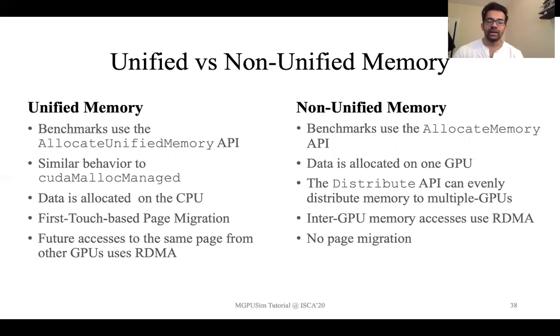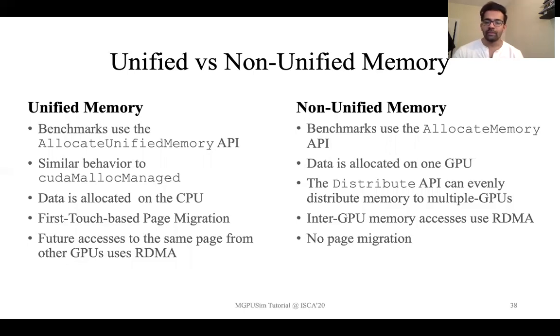Now, coming to unified and non-unified memory. Unified memory is a very popular feature that eases the development of multi-GPU programs. As such, we support a similar mechanism in MGPU sim as well. This is done through the allocate unified memory API, whose behavior is similar to CUDA malloc managed. That is, the driver and the runtime are responsible for handling the movement of data.